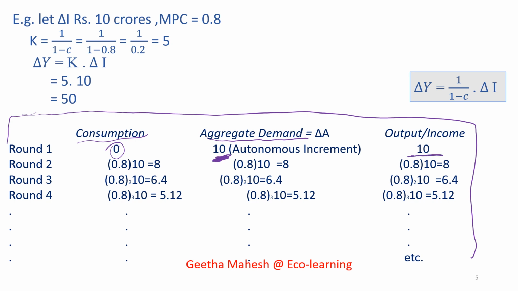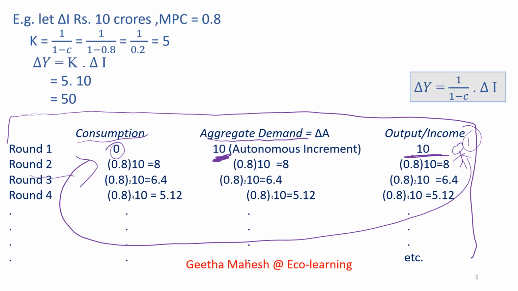In the second round, the person who gets the income, what will he do?